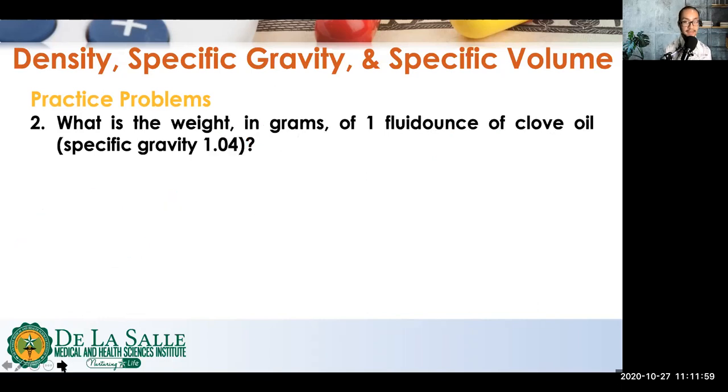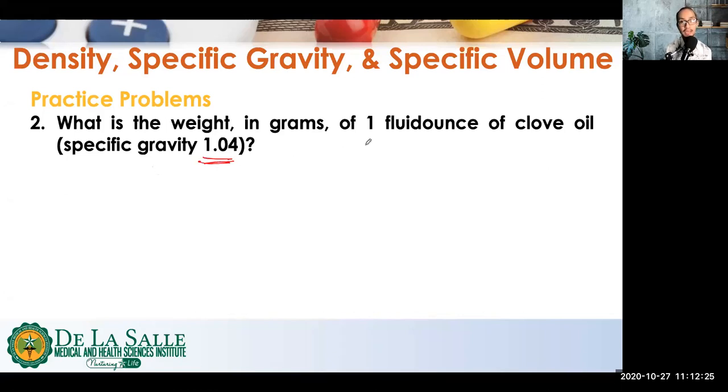Ayan. Next is, what is the weight in grams of 1 fluid ounce of clove oil with a specific gravity of 1.04, okay? Now, remember that the specific gravity, okay, is a ratio of the grams of a substance per unit gram of an equal volume of the standard, which is water, okay?